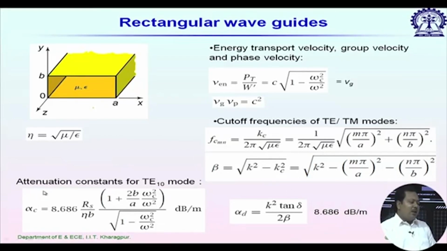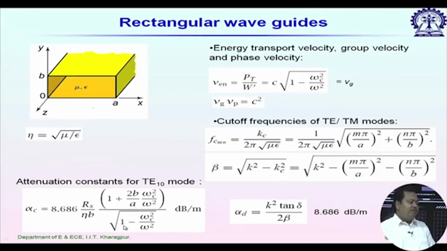If you look at the attenuation constant, the closed form expression, alpha c is equal to 8.686 into Rs by eta b. Rs is the surface resistance, eta is the intrinsic impedance, b is the thickness of the rectangular waveguide, and it is again a function of omega. Look at this expression. At omega equal to omega c, this factor cancels out.